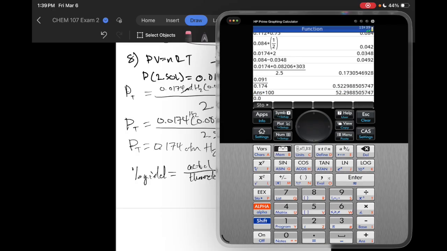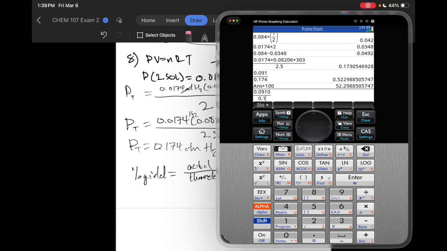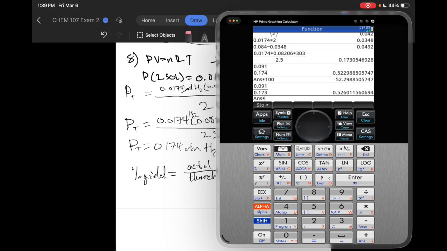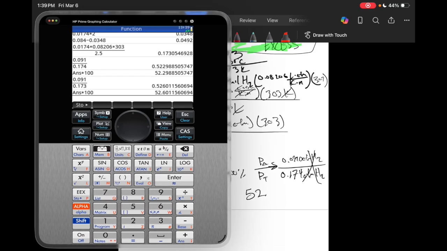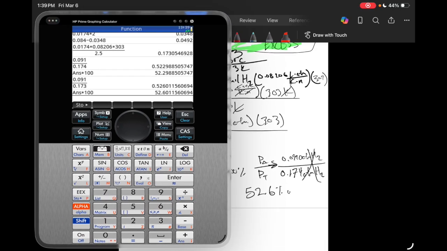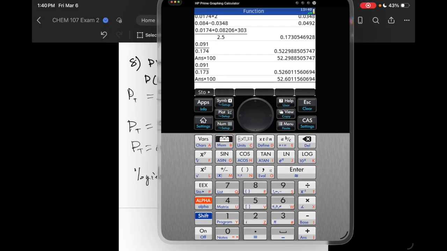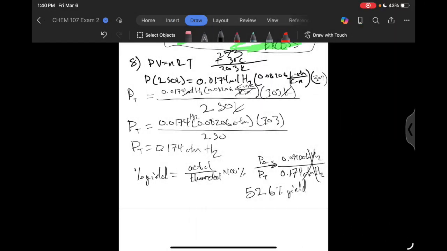So 0.0910 divided by 0.173. And then we'll multiply that by 100 to give us 52.6% yield. See, that was a difference of almost four values.